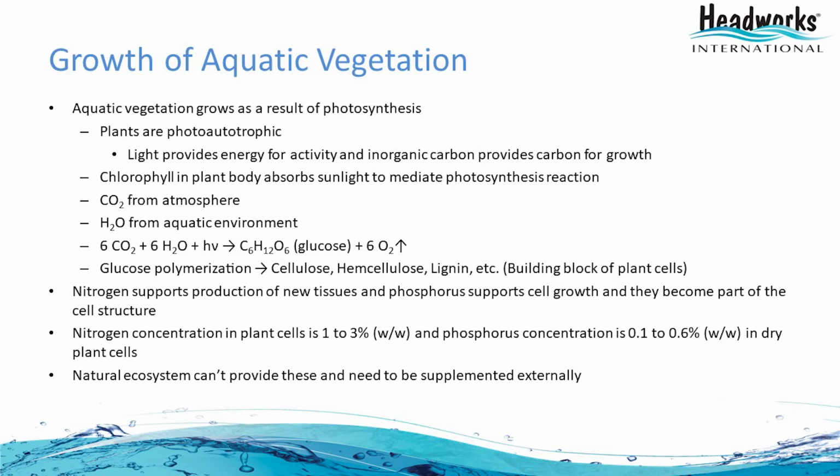The carbon that is needed for the cells to grow, they derive from the atmosphere, as inorganic carbon. The chlorophylls in the plant body absorb the sunlight and mediate the photosynthetic reaction. So what is the photosynthetic reaction? It's given in the form of a chemical equation: carbon dioxide from the atmosphere, water from the aquatic environment, and light energy, expressed as h nu or photon, make glucose molecules.